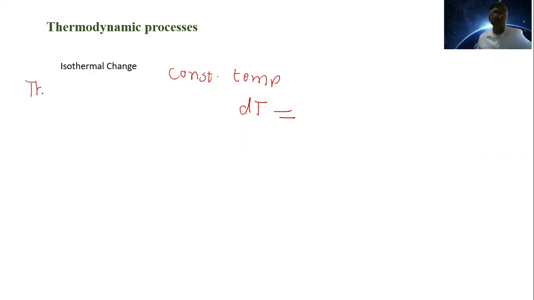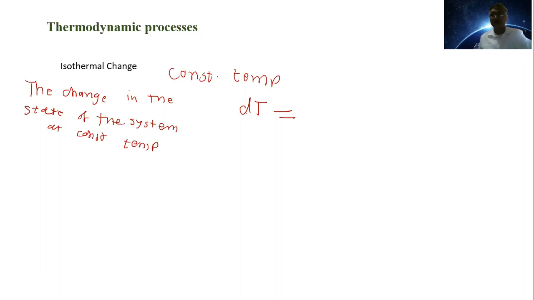The change in state of the system at constant temperature is called as the isothermal change.